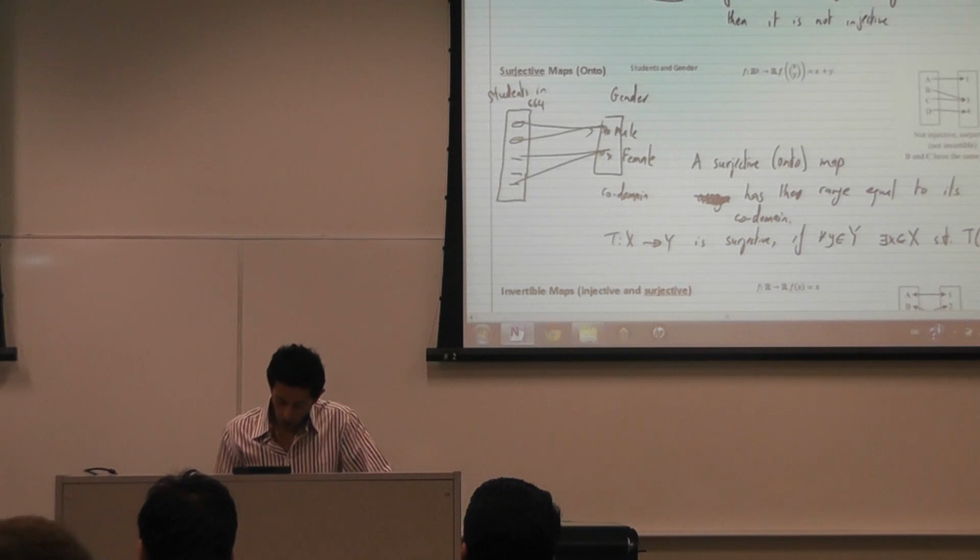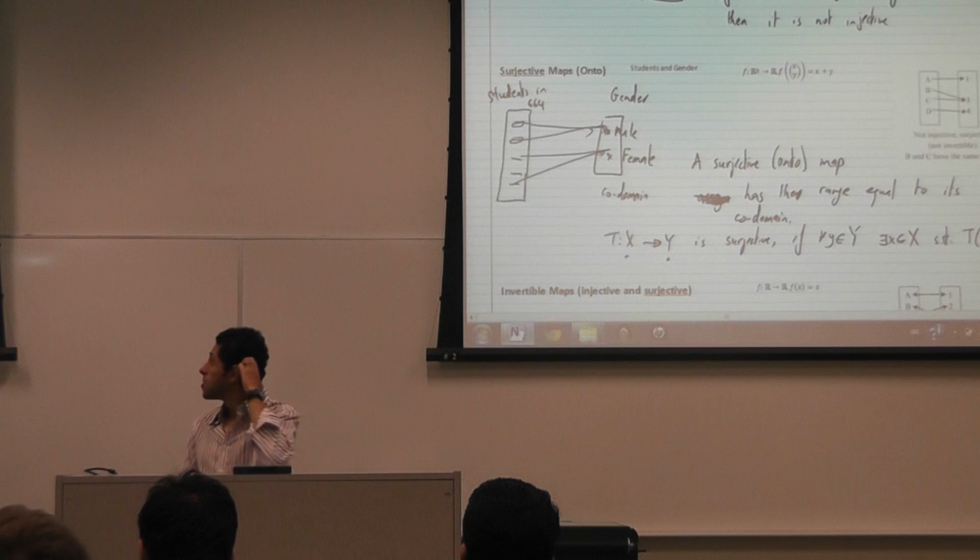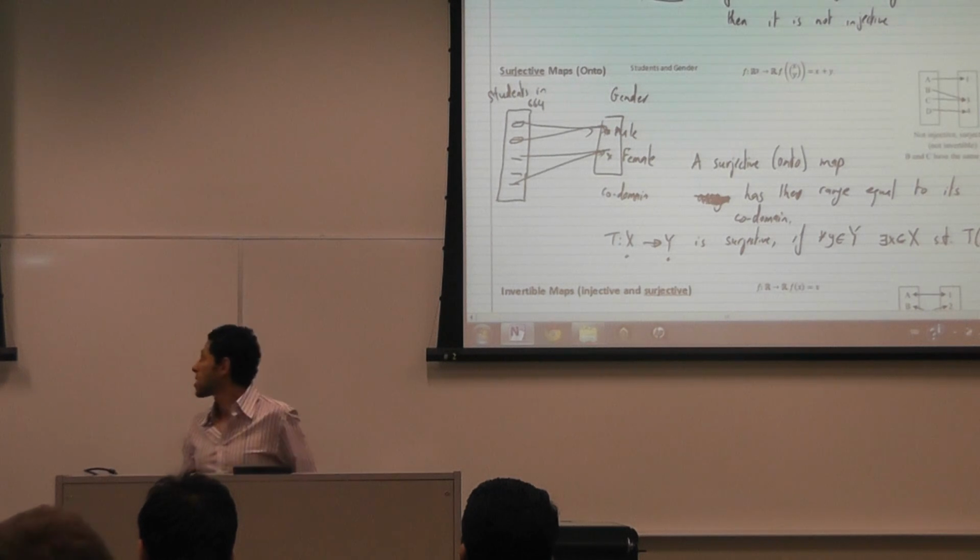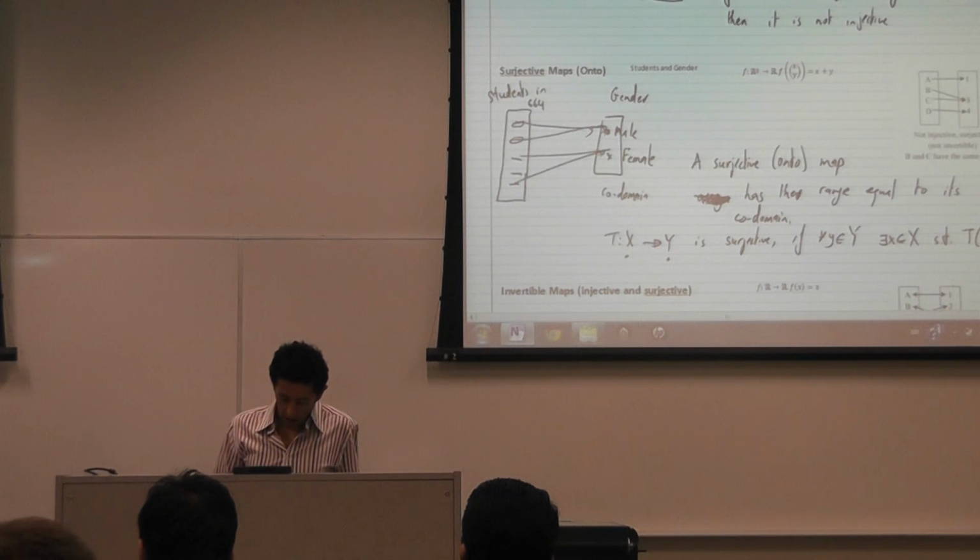So for every element here, I can find at least one in X, maybe more, such that T takes x into y.